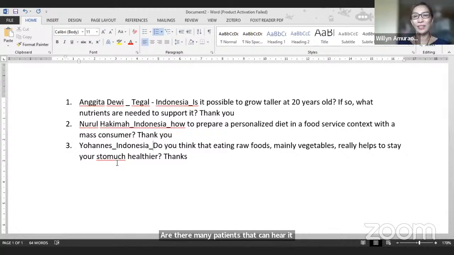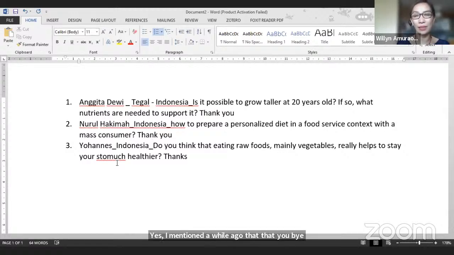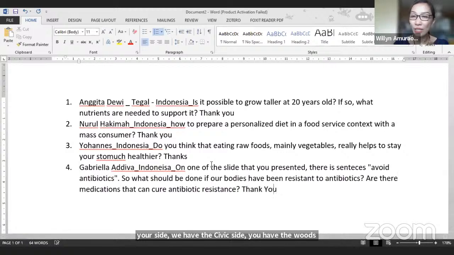Thank you. Yes, I mentioned a while ago antibiotic resistance, because in a hospital setting we are doing blood culture. So they will test your blood. Those antibiotics will be listed, and some are sensitive, just like I mentioned, cefuroxime, cefixime, and amoxicillin. It may be that you are resistant to that.